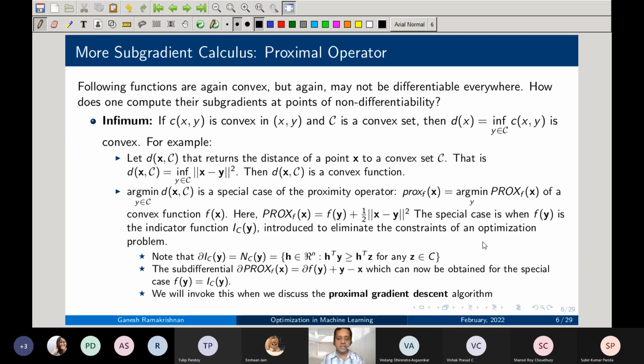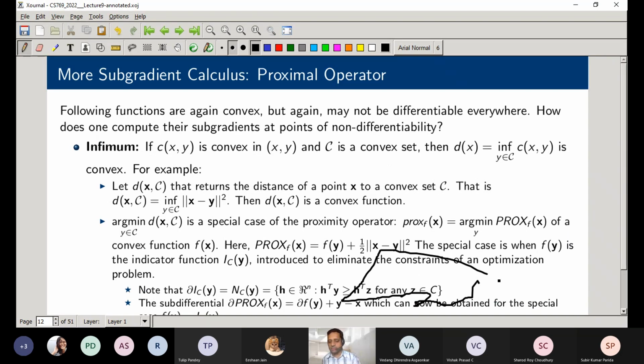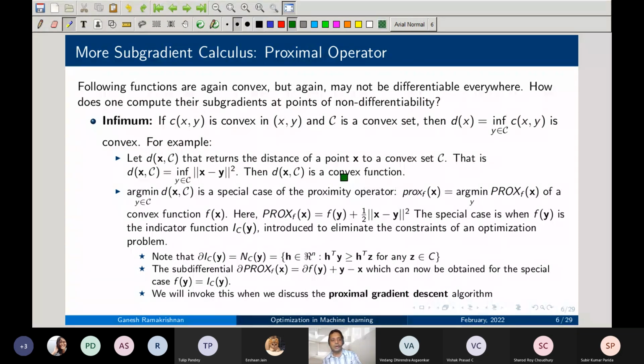Right, so you want to eliminate constraints of an optimization problem. So in such a case, we resort to this normal cone. There's something called a normal cone which gives you the set of subgradients.